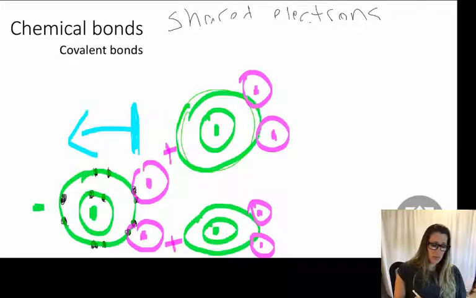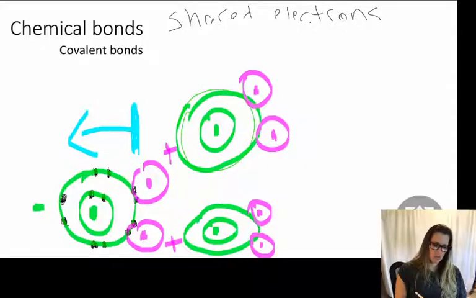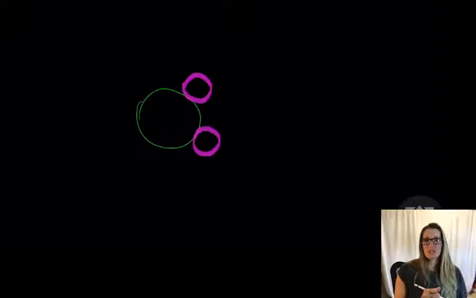And sometimes what happens is that you have, we talked about the fact that these electrons are dynamically moving. They're not just stuck in one place.